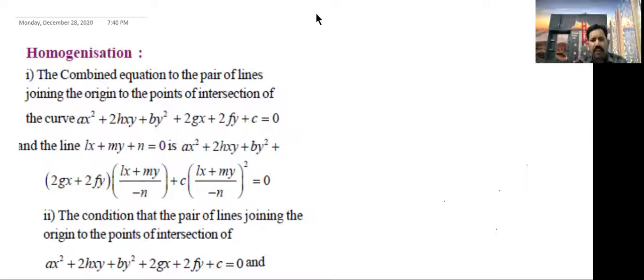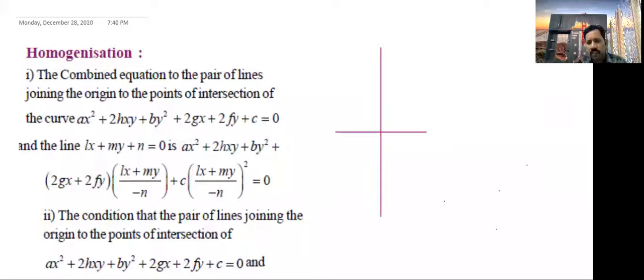Whatever curve is given, the curve is non-homogeneous. By using the line, the non-homogeneous equation is converted into a homogeneous equation. That is the homogenization. Now observe the diagram, then you will understand.